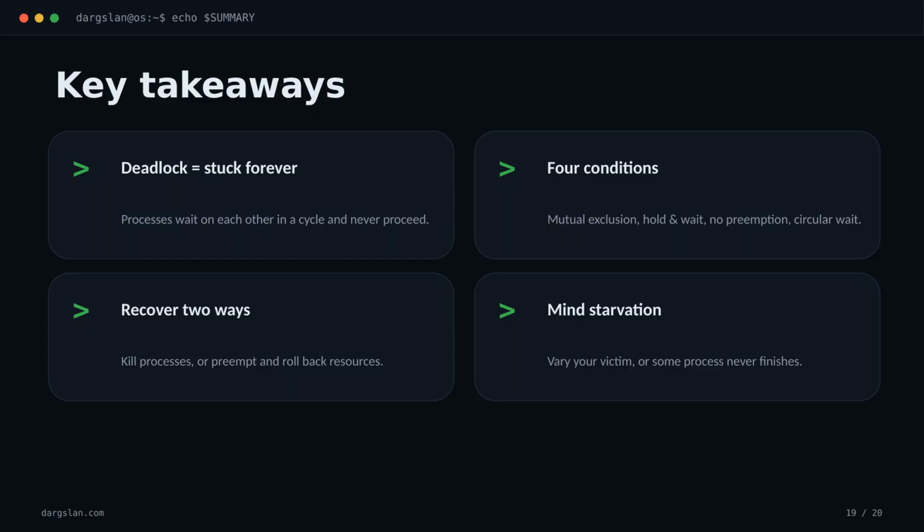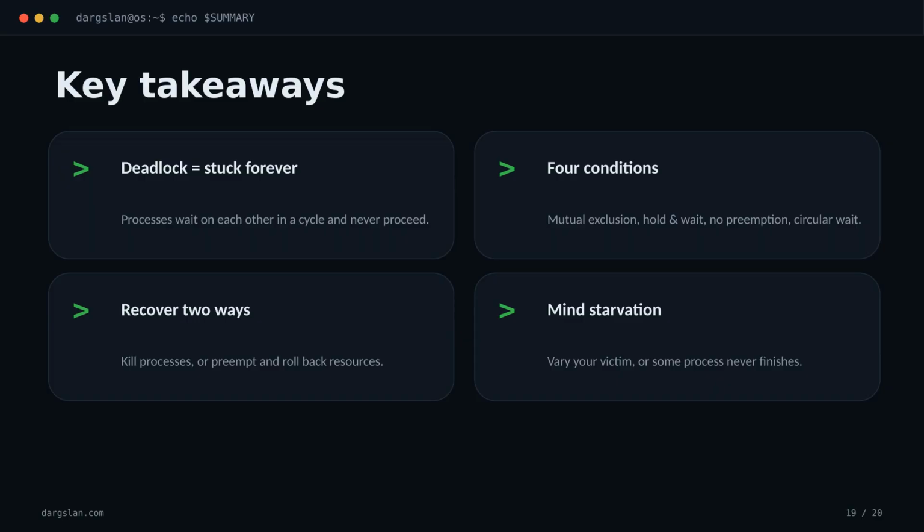Let's pull it all together. A deadlock is what happens when processes get stuck in a cycle, each waiting on something the other holds. Nobody moves, ever. It only happens when all four conditions line up: mutual exclusion, hold and wait, no preemption, and circular wait. When it does strike, you've got two recovery levers: kill the offending processes or preempt their resources and roll back.